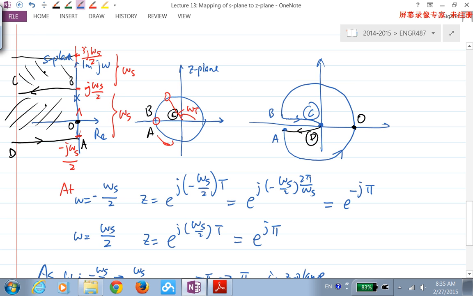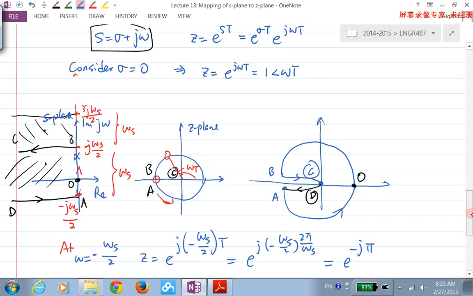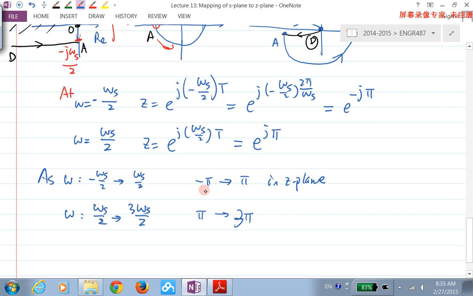When you move from A to B, this is the A location, this is B. So the angle at A is negative pi, and the angle at B is pi. So basically z equals positive or negative pi.